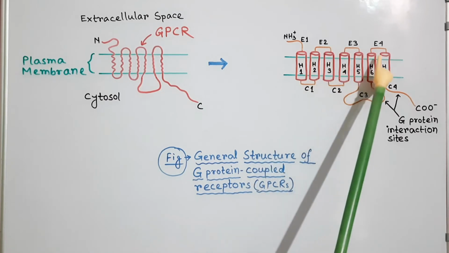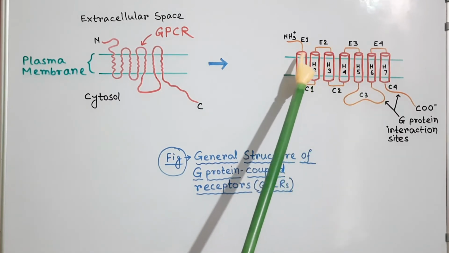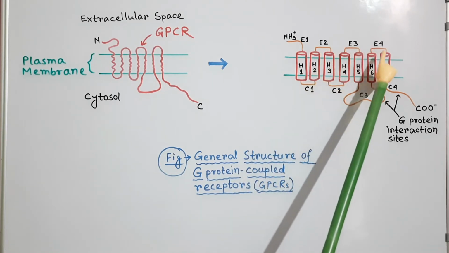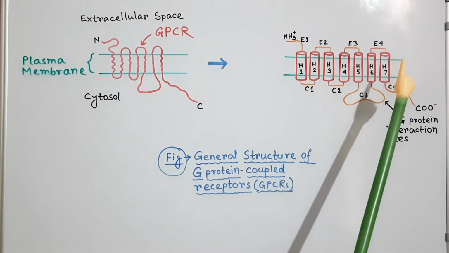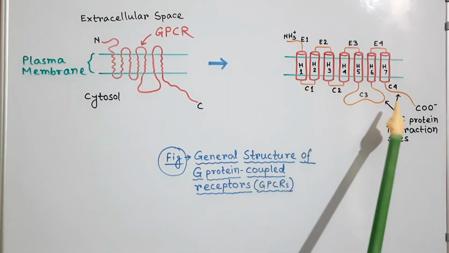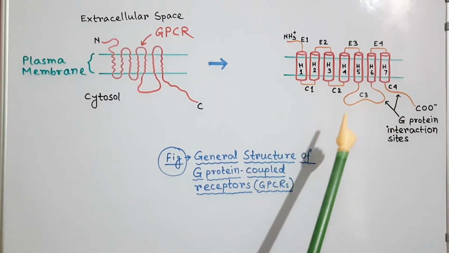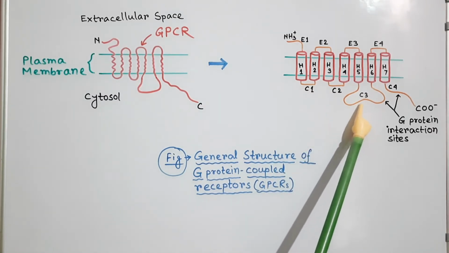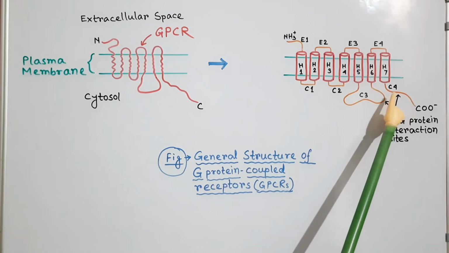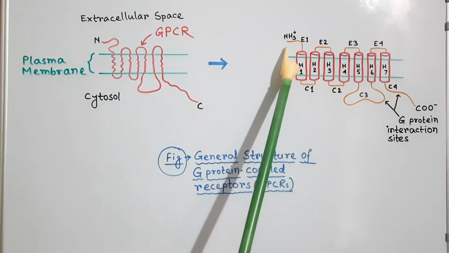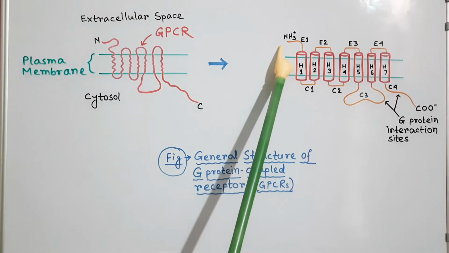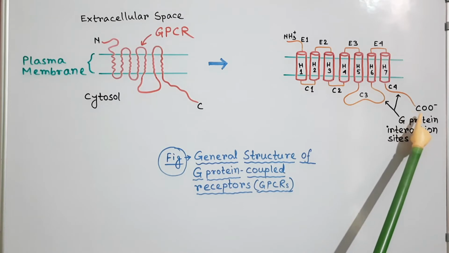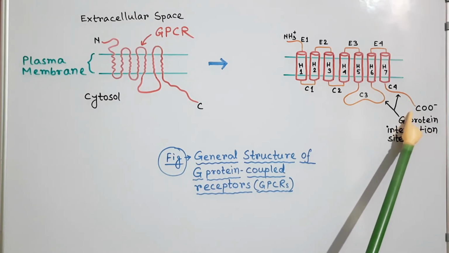These are 4 extracellular loops written as E1, E2, E3 and E4. These are 4 cytosolic segments labeled as C1, C2, C3 and C4. The N terminus is on the extracellular face of the plasma membrane and the C terminus is on the cytosolic face of the plasma membrane.